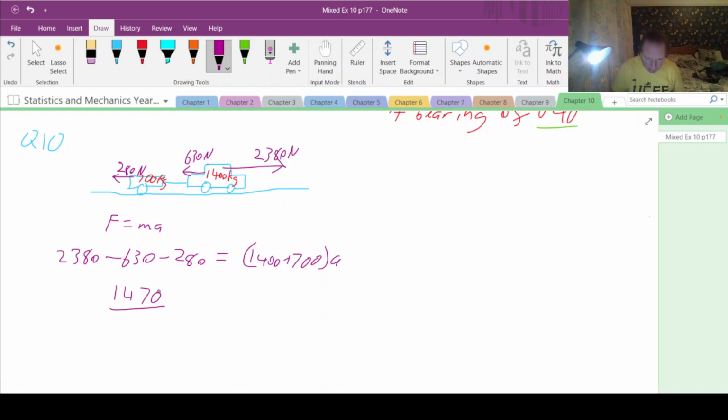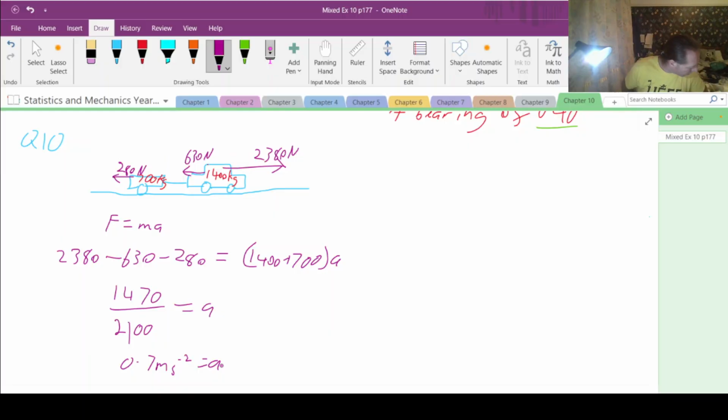That being divided by 2,100 for the 1,400 and the 700, which is 0.7 meters a second squared. So a is equal to 0.7 meters per second squared.